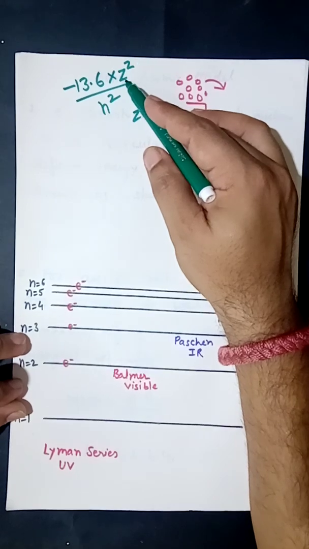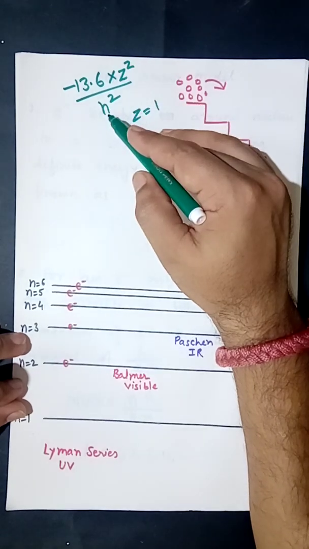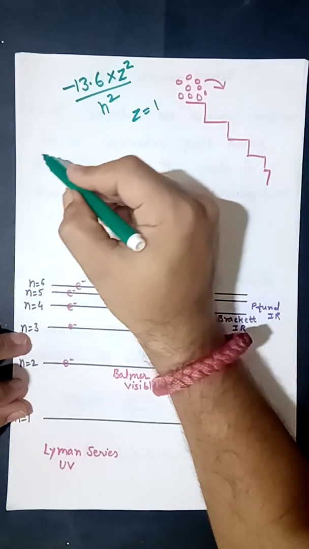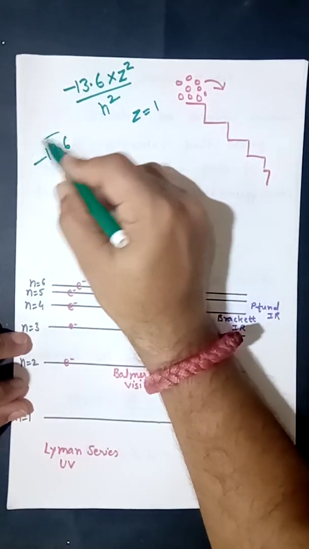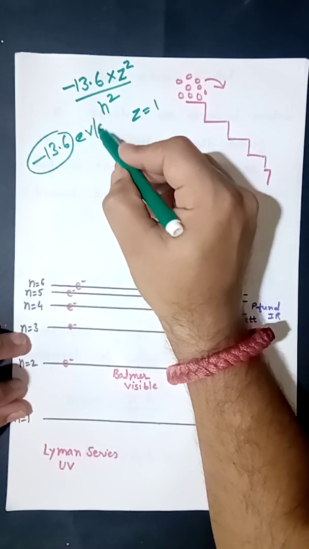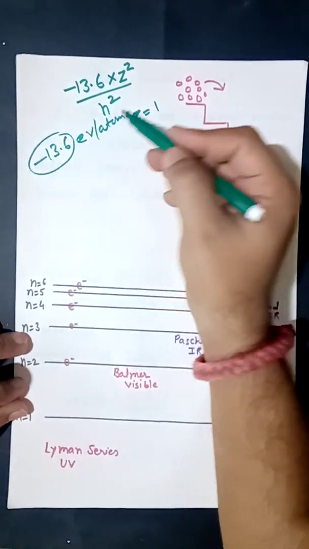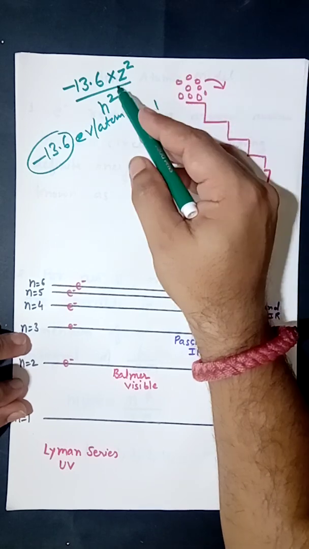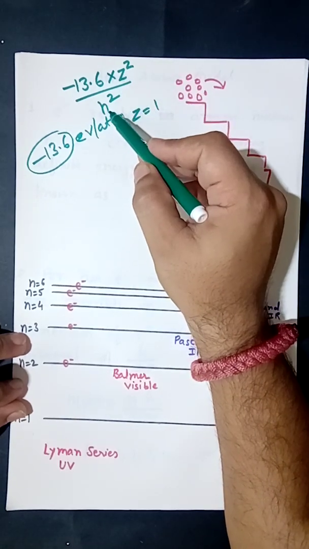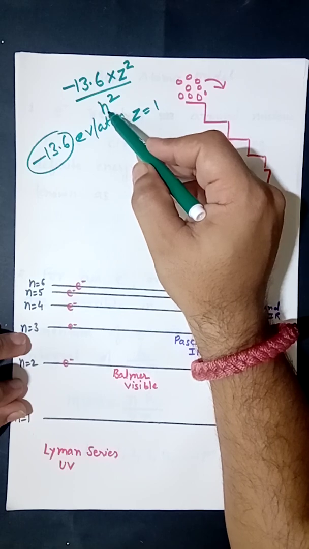So Z equal to 1 for hydrogen. Suppose we are calculating for the first shell, then its energy will be minus 13.6. The unit of this is electron volt per atom. So this is the energy of the electron in the first shell. Similarly, you can calculate the energy of the electron in the second shell. You have to change the value of n.